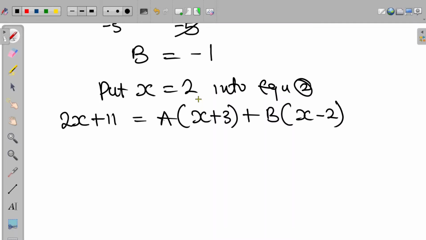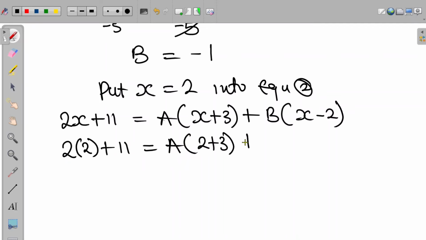So we put x equal to 2 into this equation. We have 2 multiplied by 2 plus 11 equals A(2 + 3) plus B(2 - 2).